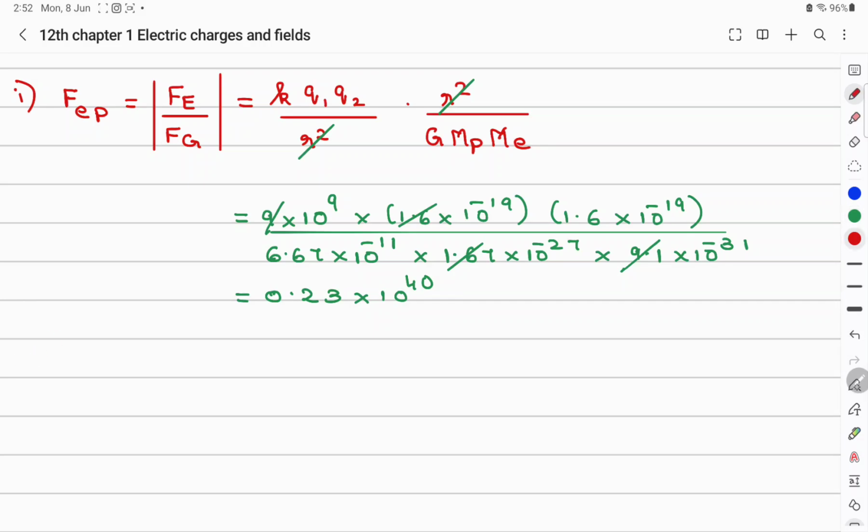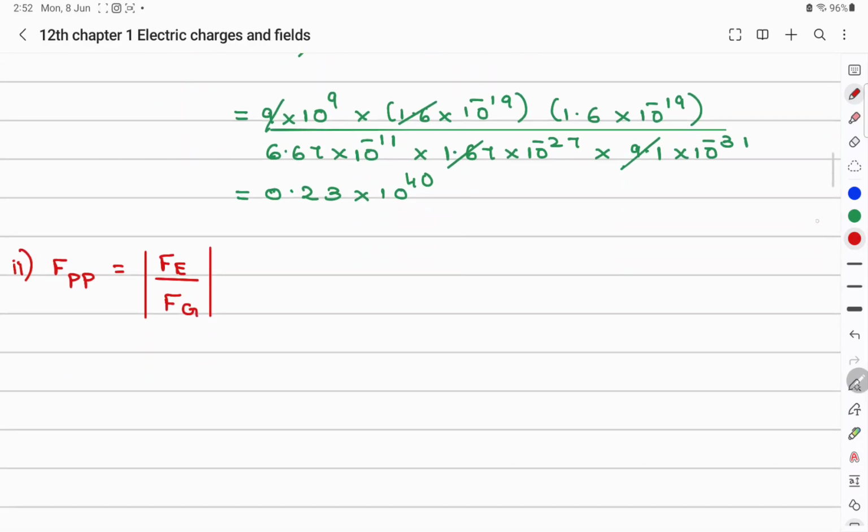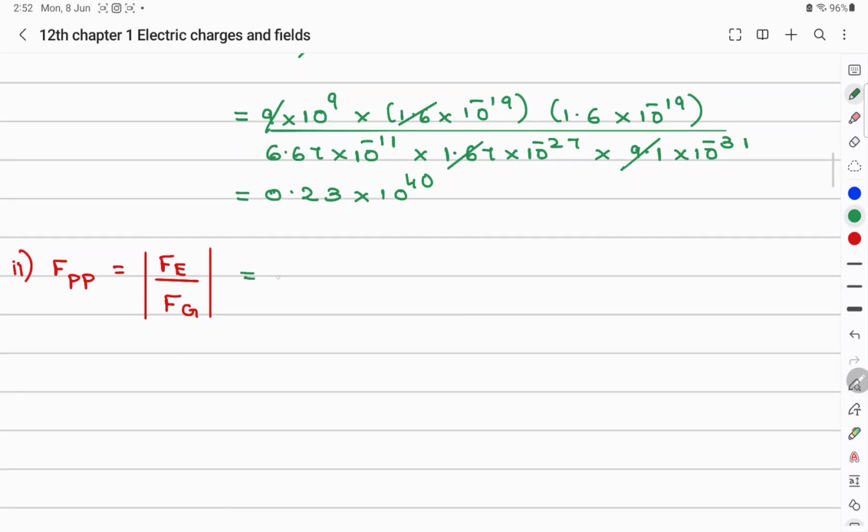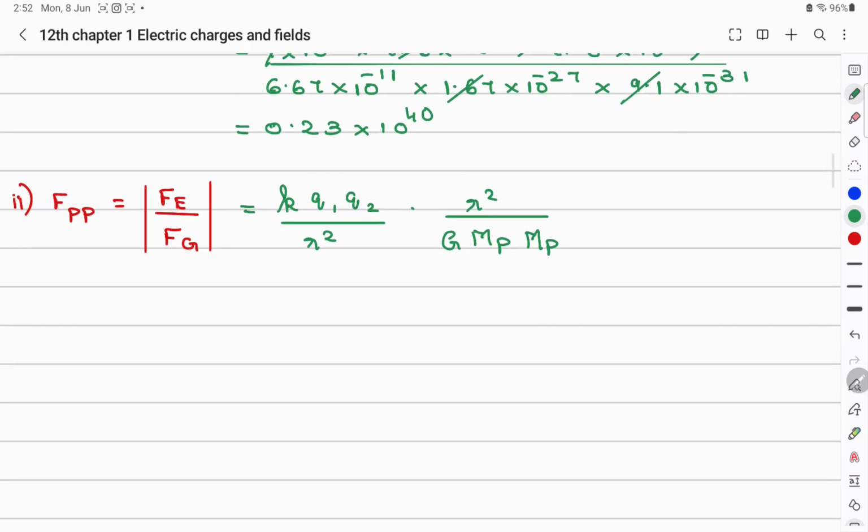Like that, for the second case, the force between two protons, we have to take the same procedure as above. So electrostatic force by gravitation force is equal to K Q1 Q2 by r square into r square by G into mass of proton and again the mass of the proton.